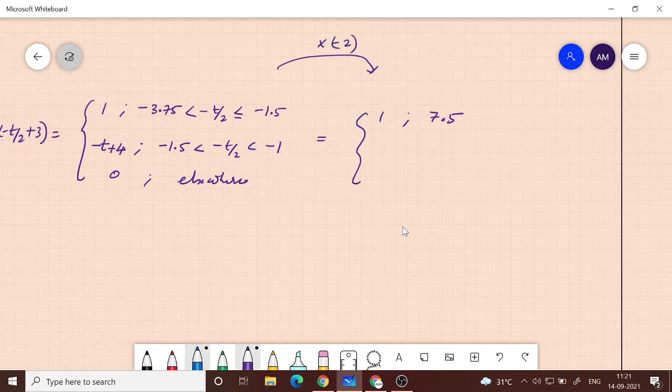So minus 2 into minus 3.75 is 7.5, and because minus is involved, less than becomes greater than, and this becomes t, and then less than or equal to becomes greater than or equal to, and this is going to become minus 1.5 into 2, that is 3.